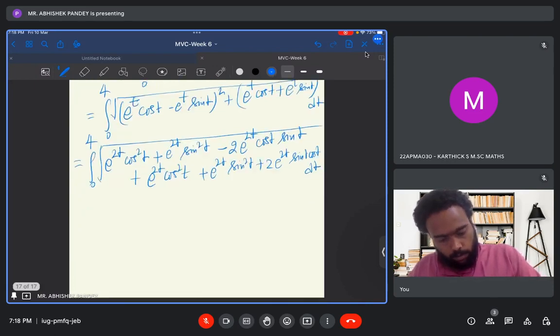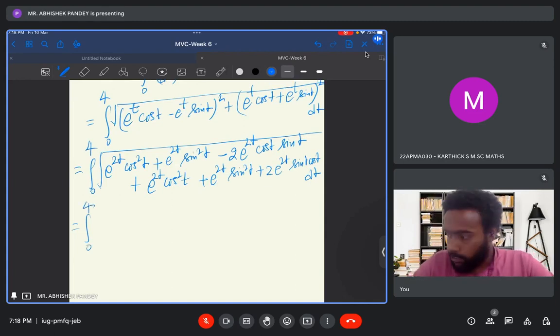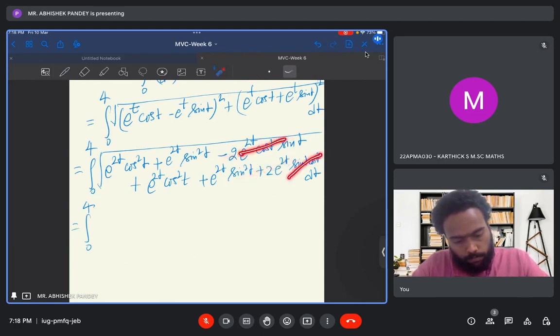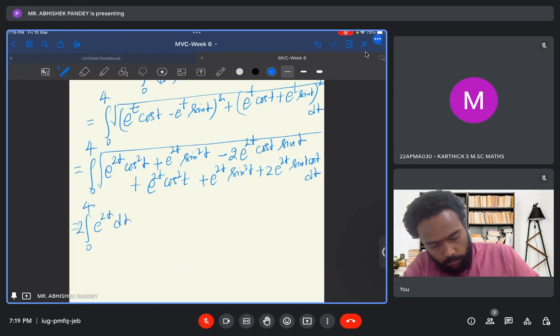Okay, this term and this term will get cancelled out. Sin square t plus cos square t is 1, so you will get 2 e to the power 2t dt.